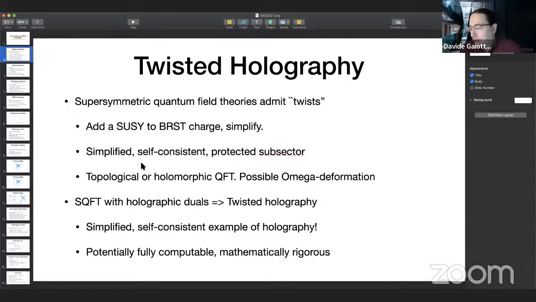So for example, when you do certain twists of type IIB string theory, the result is the B-model, BCOV theory in 3 complex dimensions. So in principle, you're studying essentially Calabi-Yau geometries in 3 dimensions.